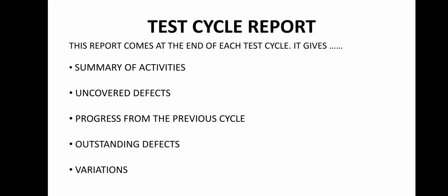This report comes at the end of each test cycle, and it will give the summary of activities that were carried out during that cycle. It will cover the defects that were uncovered during that cycle based on their severity and impact. It will also cover the progress from the previous cycles to the current cycle in terms of the fixed defects. Next are the outstanding defects, that means the defects that are yet to be fixed will be highlighted in this report.